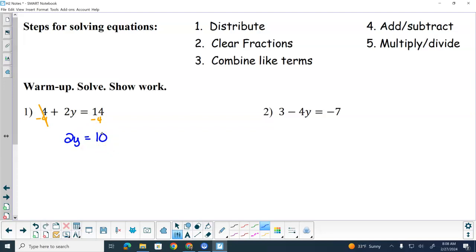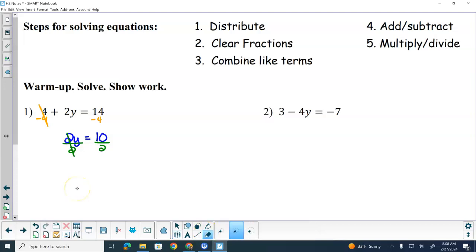Divide both sides by 2. And that's going to do what with these 2's over here? That's going to make them go away. Okay. What does this side become?